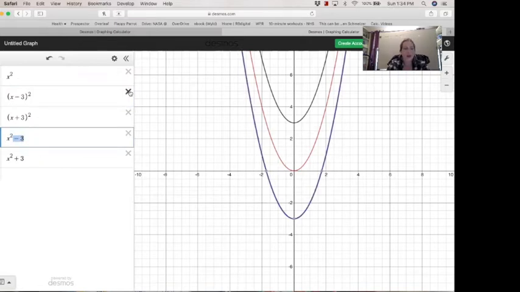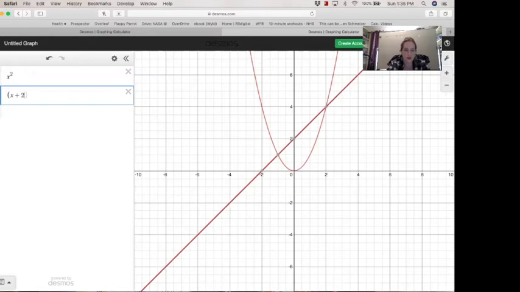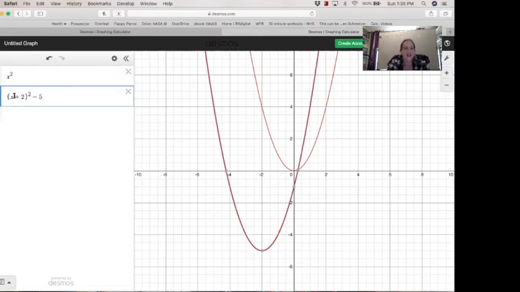Now we can combine those together. So if I have something like (x + 2)² - 5, notice that this is a horizontal shift left 2, we've gone left 2, and a vertical shift down 5. So we can combine these things together.